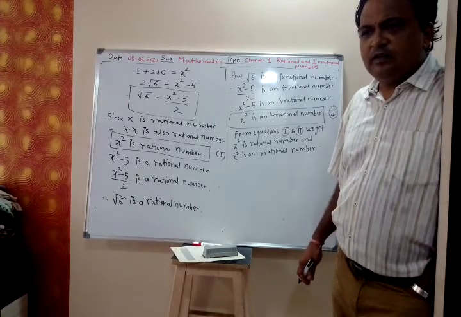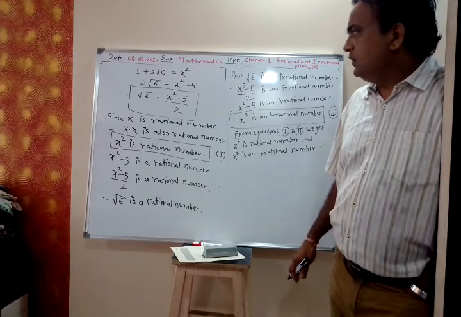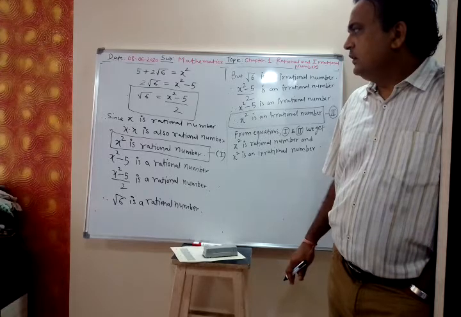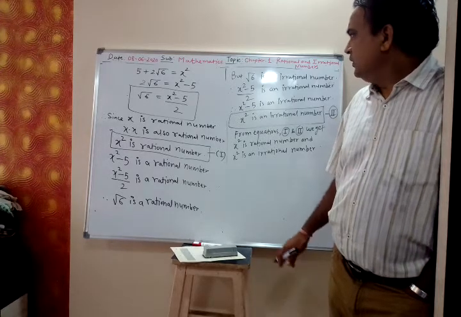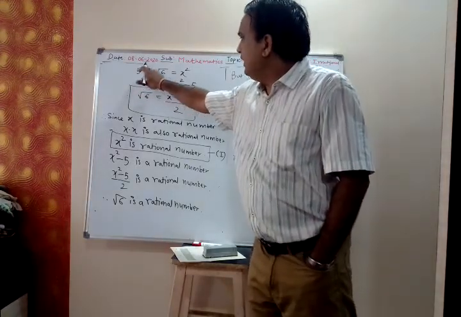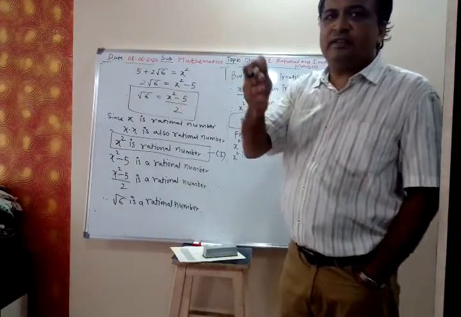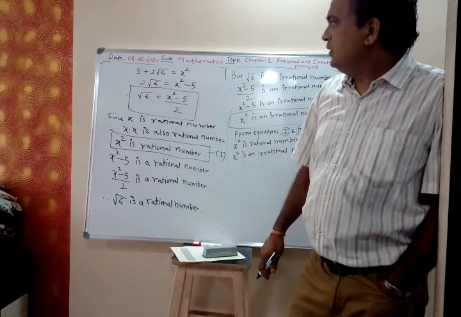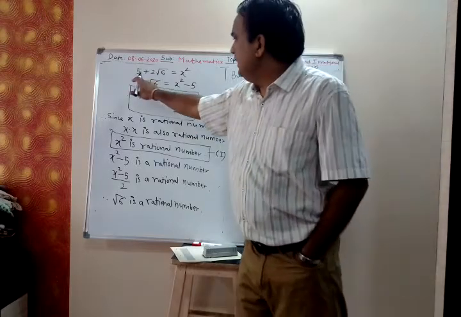Sir, 5 plus 2 root 6 was there, equal to x square. Yes. So we can write root 5 plus 2 into 6 x will be. No. Square is there. No. This 5 I will take it on this side. Plus becomes minus. Sir, x square is there, so we can write root 5 plus 2 into 6. There is no root 5.